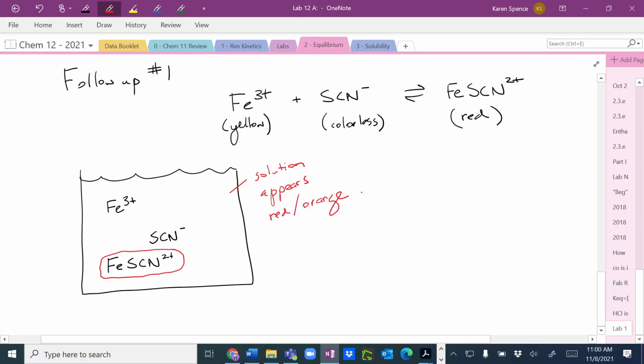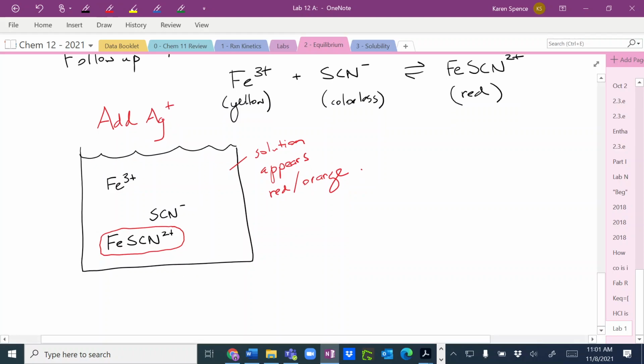Now what we're told is that we add to that Ag+ ions. And it says the color disappears. The red color disappears.